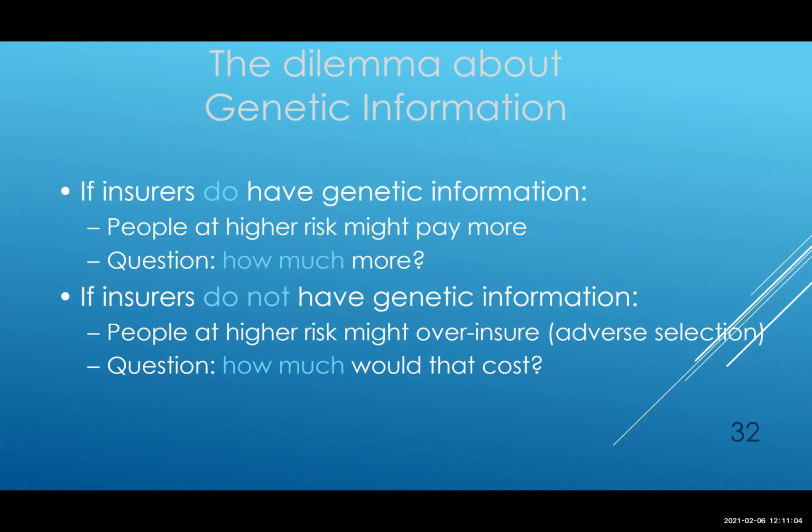If insurers do not have that same genetic information, people at higher risk might overinsure. So you have adverse selection. The question right now is how much would that cost?